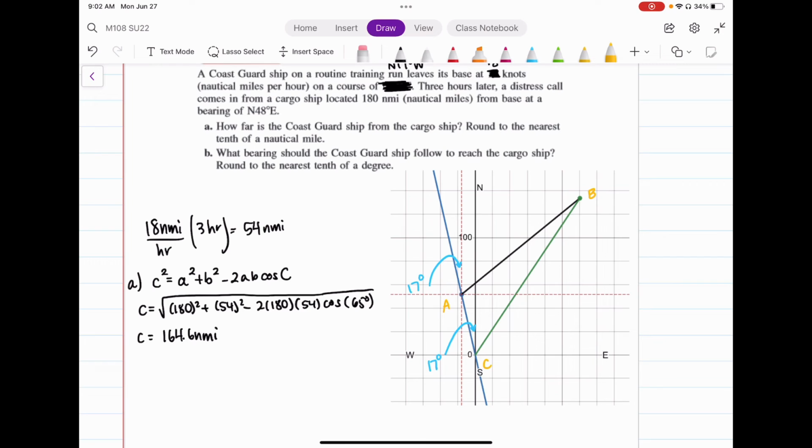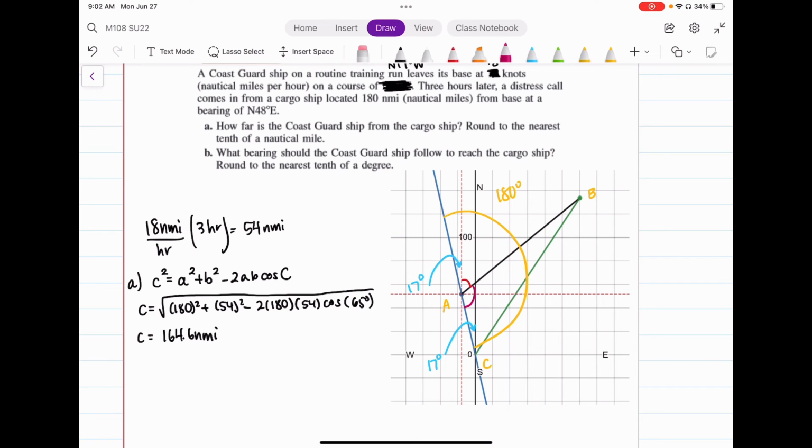So I'm going to draw a big arc. This big arc is 180 degrees. So that's 17 degrees plus the bearing that we are trying to calculate here, plus this angle right here, all add to 180 degrees.